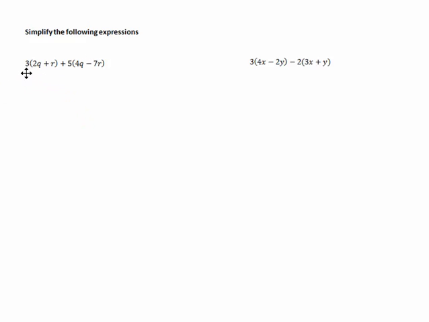So distributing the 3 first, I get 6q plus, oh, that's a g. All right, 6q plus 3r. And then distributing the 5, I get 20q minus 35r.